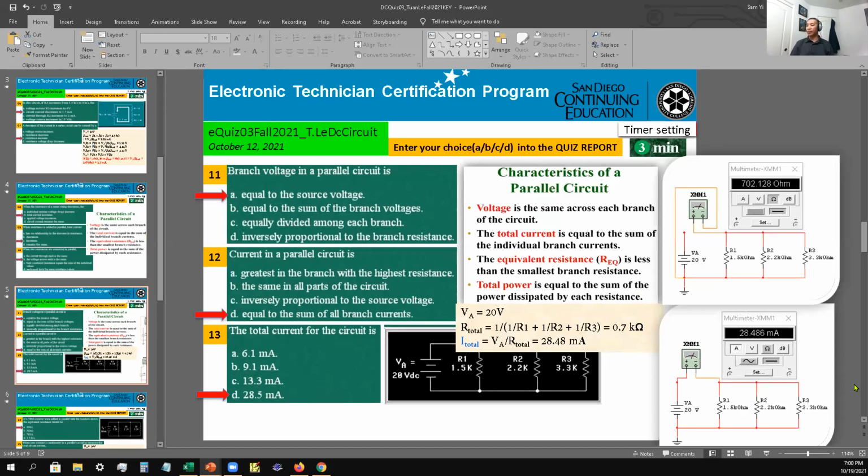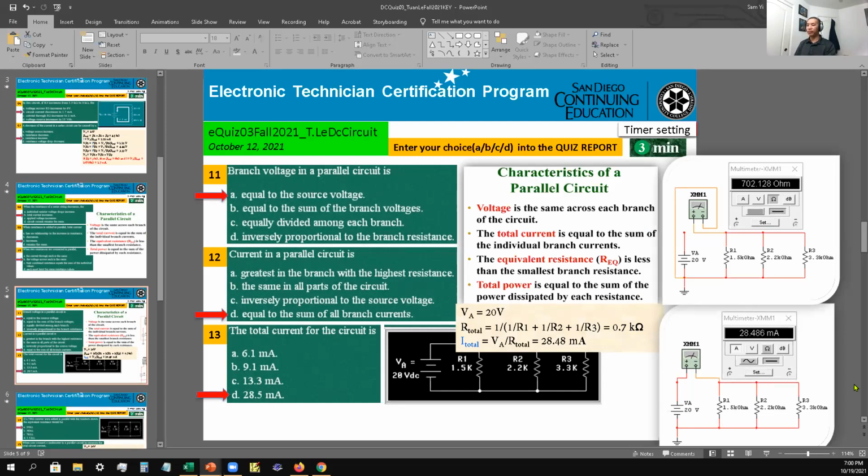Number 11, A as in Adam. Number 12 is D as in David. Number 13 is D as in David. Any question on number 11, 12, or 13? Looks like everyone's good.